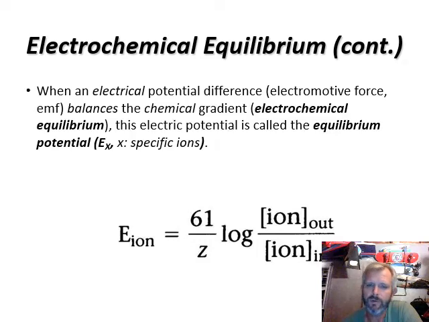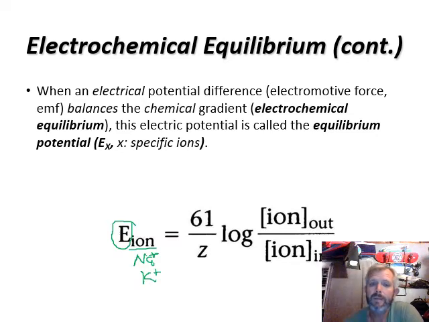Uh-oh. This is where we do have a little mathematics in this course. This E is for the electrochemical equilibrium. The ion could be, in our case, the main ions we're looking at. It could be sodium, or it could be, say, potassium.